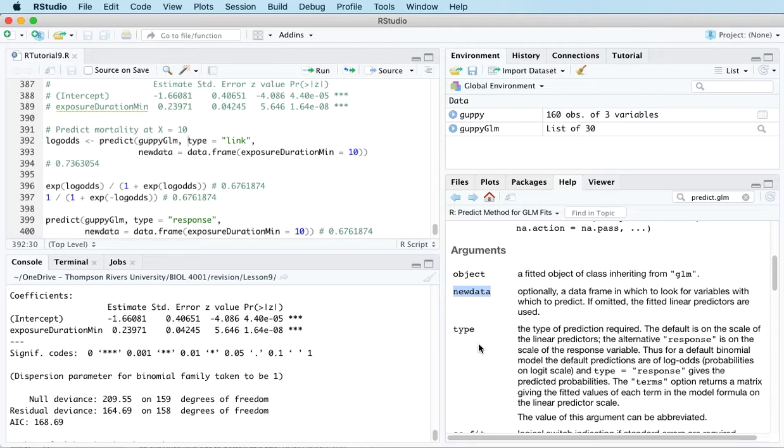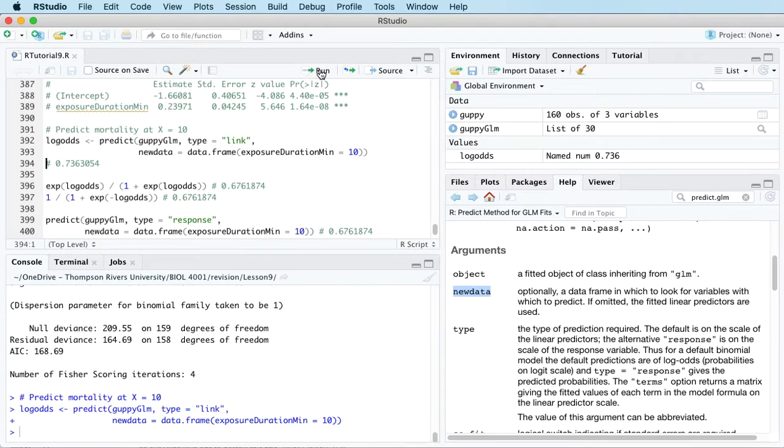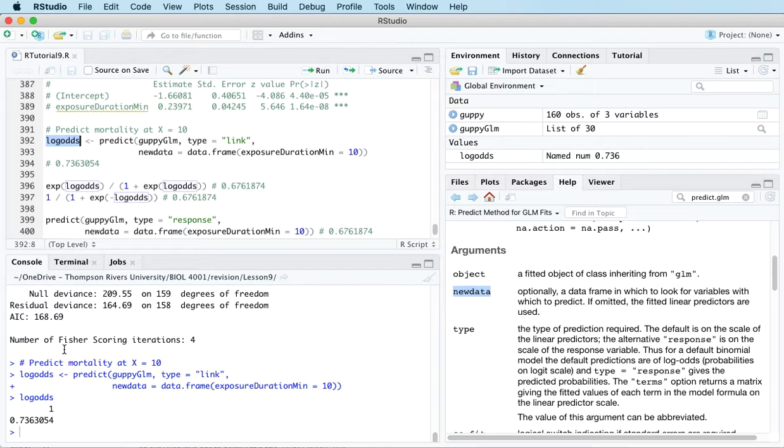In this case, if I set type equal to link, and then set up my new data to be an exposure duration of 10 minutes, then I get what is known as the log odds. So the log odds of dying at x equals 10 is equal to 0.7363054.